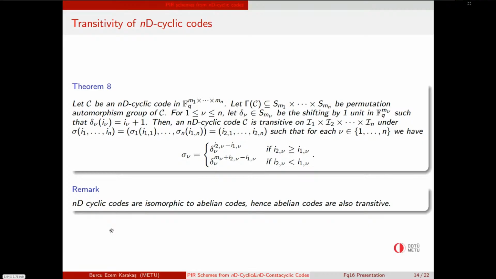And finally, we can generalize this idea into the ND cyclic code setup with n variables. Then we can say that ND cyclic codes are also transitive codes.